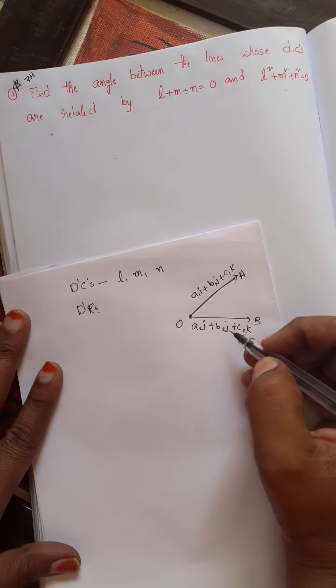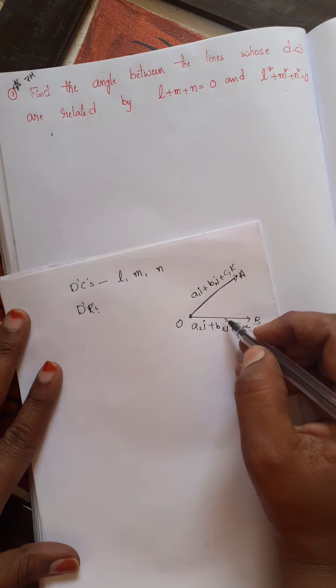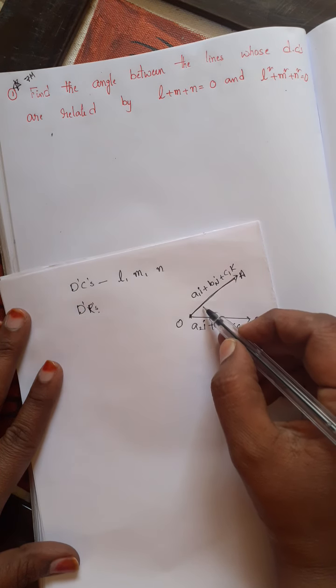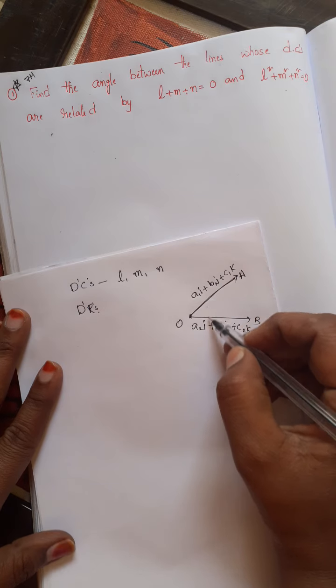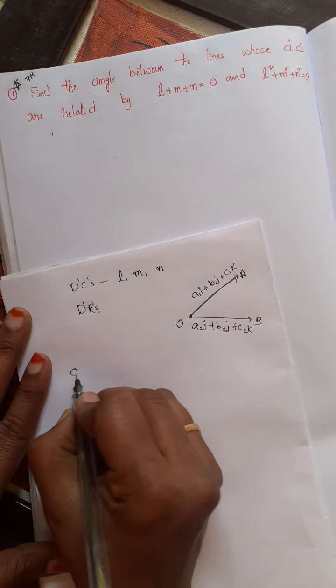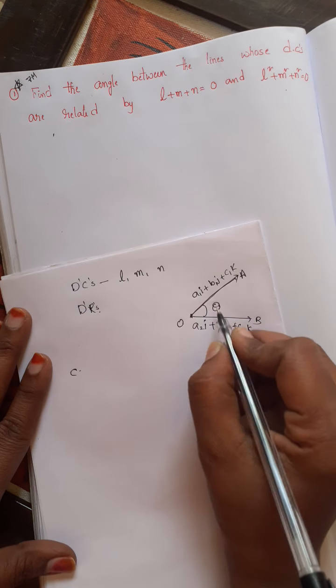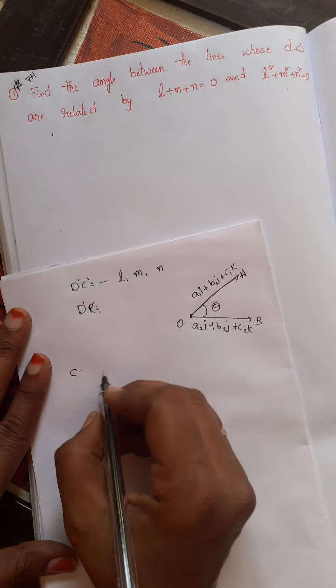Suppose these two are position vectors, then the angle between these two lines is theta.